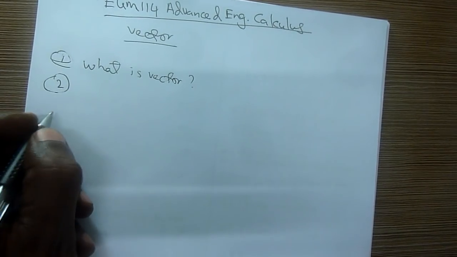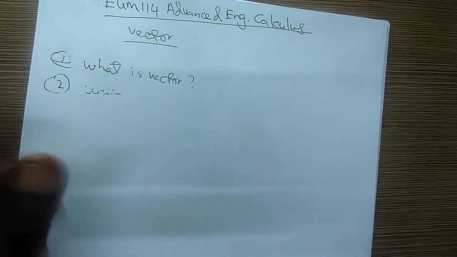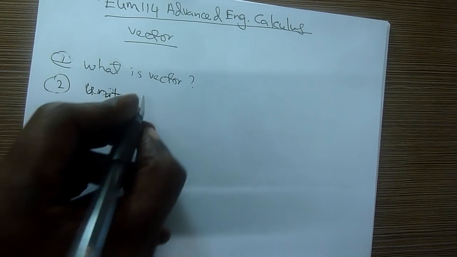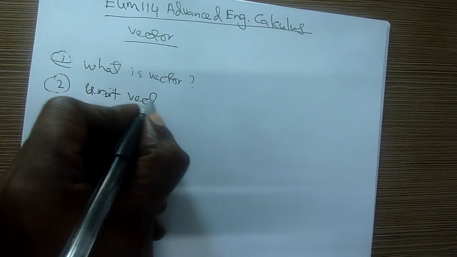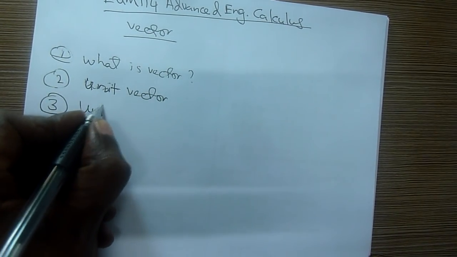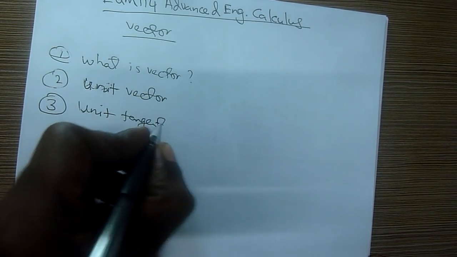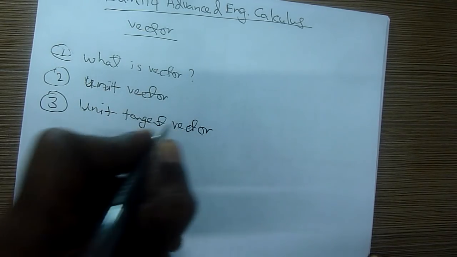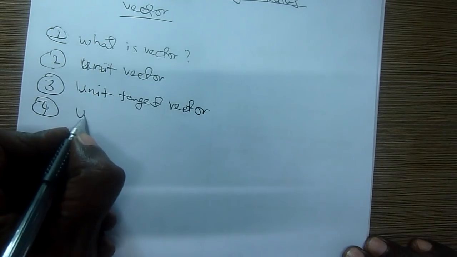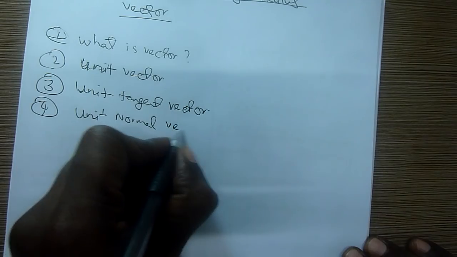The next will be unit vector. Number 3, unit tangent vector. Number 4, I will cover with you unit normal vector.